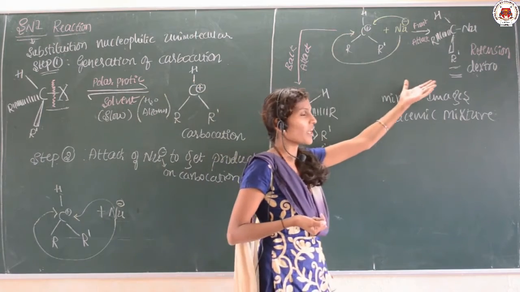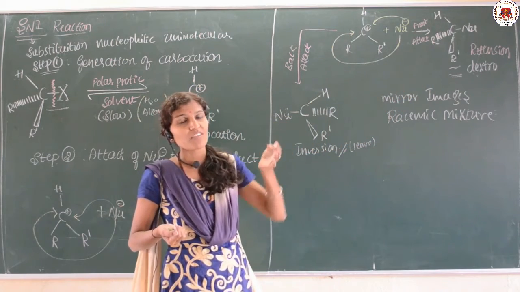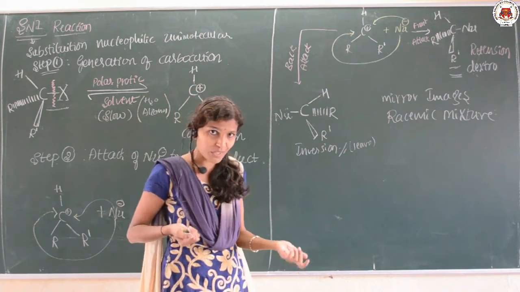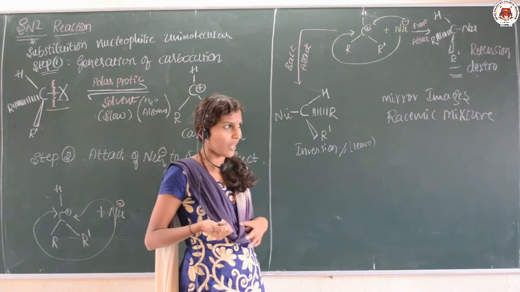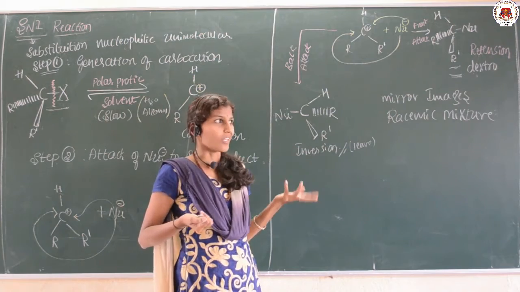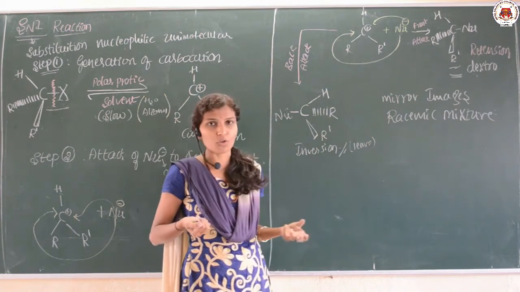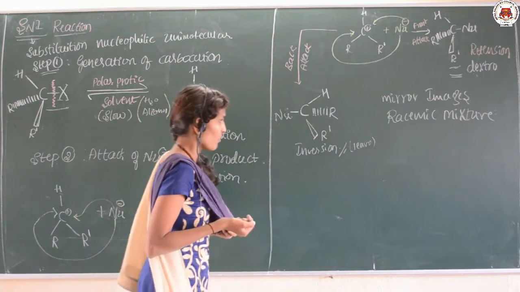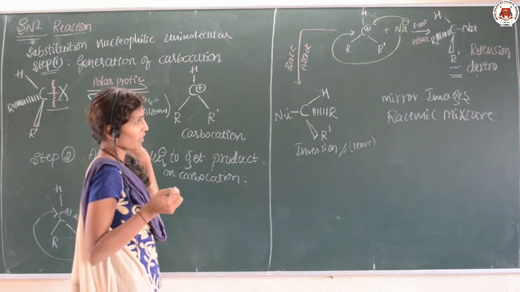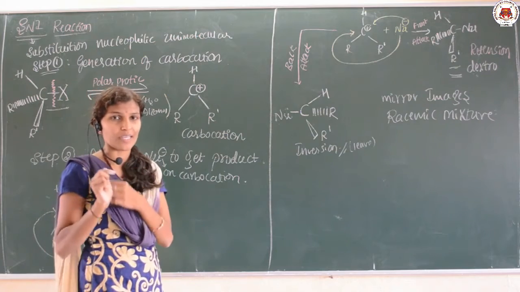The retention product rotates the plane polarized light clockwise and the inversion product rotates it anti-clockwise, so it is a mixture of dextro and levorotatory. That's why a racemic mixture is formed in the SN1 reaction.